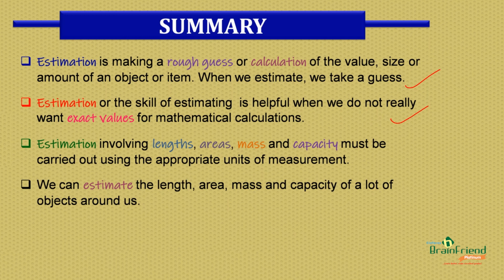Next, we learned that estimation involving lengths, areas, mass, and capacity must be carried out using the appropriate units of measurement. And lastly, we can estimate the length, area, mass, and capacity of a lot of objects around us. Now it's question time.